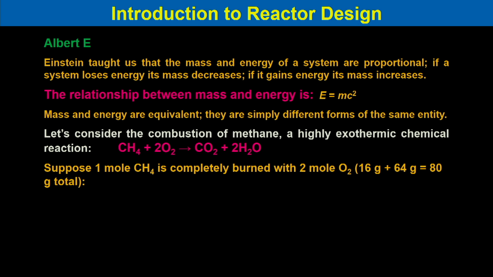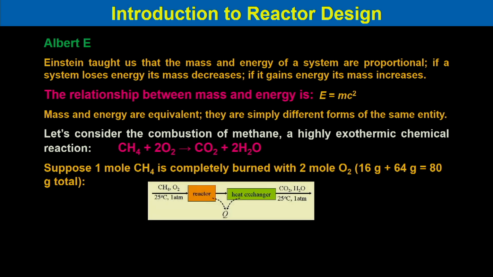For complete combustion of methane in the presence of oxygen, the stoichiometric amount of oxygen will be used to burn 1 mole of methane. So, it will take 16 gram plus 64 gram, so 80 gram in total when it will react, and it will form carbon dioxide and water vapor.